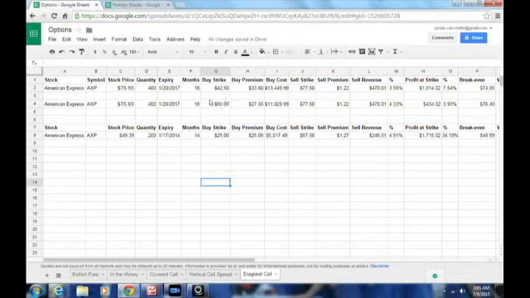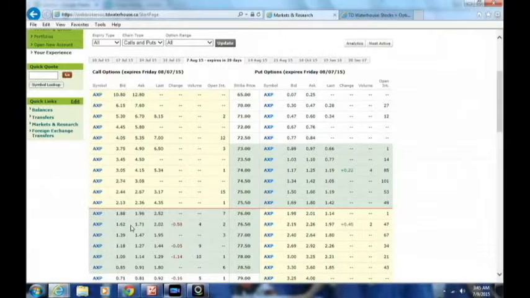Now for the diagonal call, I'm going to keep the same January 2017 expiry and look at the deep in the money buy strikes of $42.50 and $50. However, instead of selling a January 2017 strike, I'm going to sell a strike again of $77.50, but instead of going all the way out to January 2017, I'm going to look at next month, so August 7th, 2015.